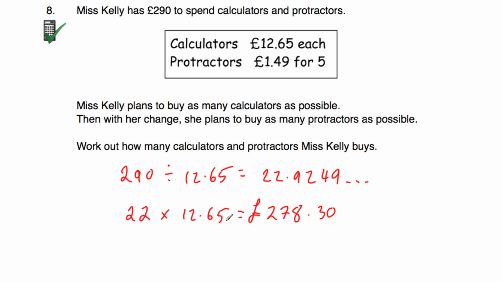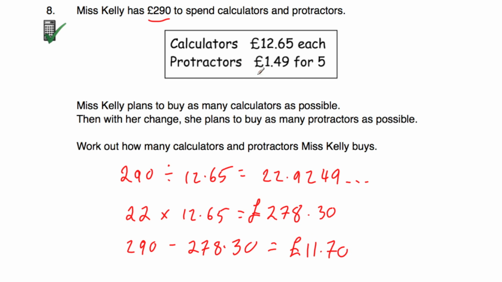So the cost of those 22 calculators would be £278.30. And we want to find her change, so we're going to take that away from the money she started with, which was £290. So 290 take away £278.30, our answer is equal to £11.70. So that's how much change she has.